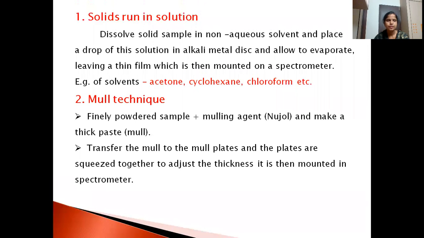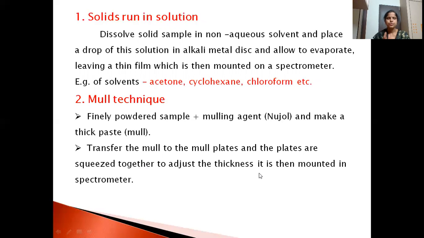Then the mull technique. In the mull technique, the powdered sample is taken and we add some nujol. Nujol acts as the mulling agent. Nujol is nothing but paraffin oil, which is chemically inert. We add this oil to the powdered sample and make a thick paste, which is the mull. This mull is transferred to the plates, and the plates are squeezed together to adjust the thickness.